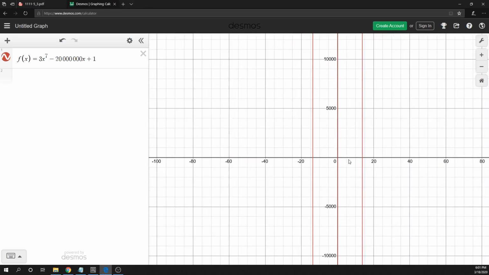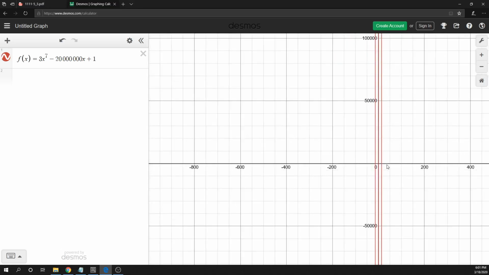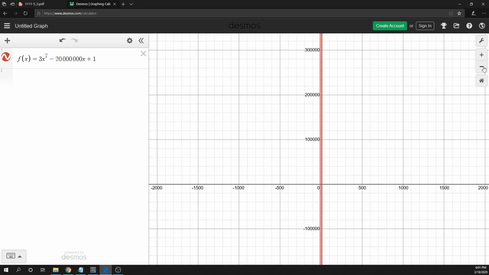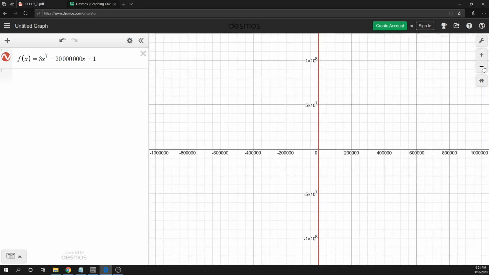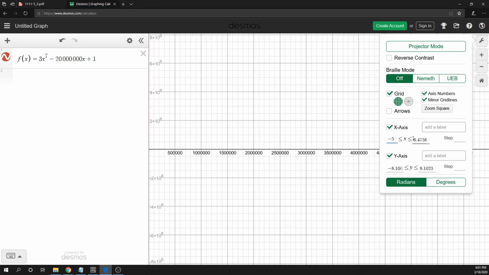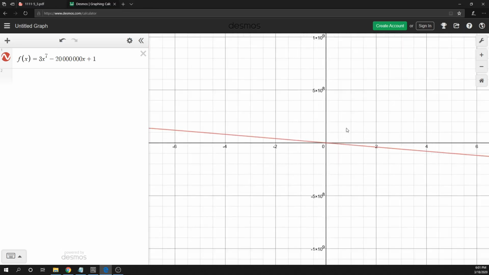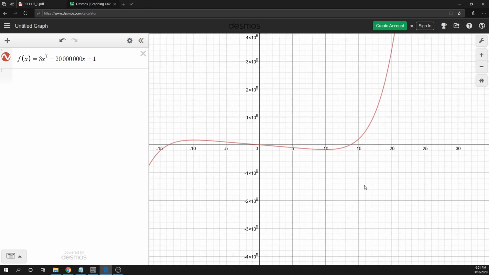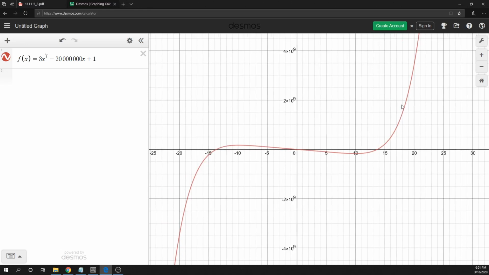Maybe I made that number too big. All right, so you can see, no, it doesn't matter at all. It's still going to go up. It's going to take a little bit longer to do that, but it's still going to go up on the right, no matter how big these other numbers are.